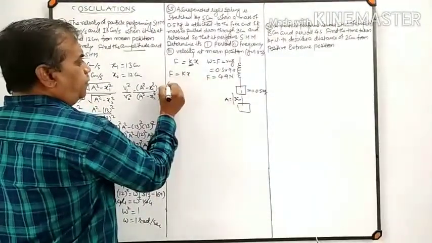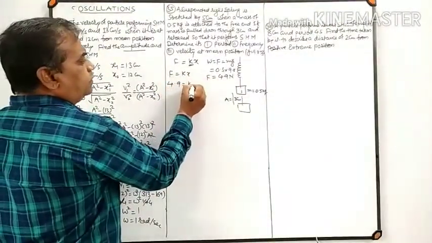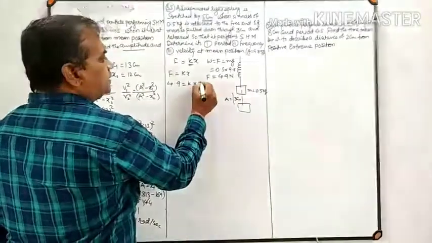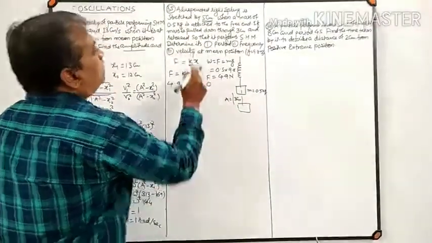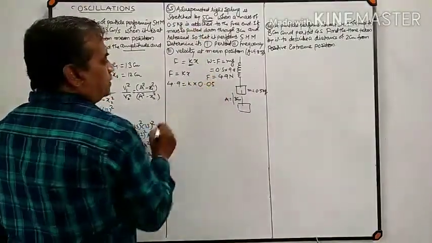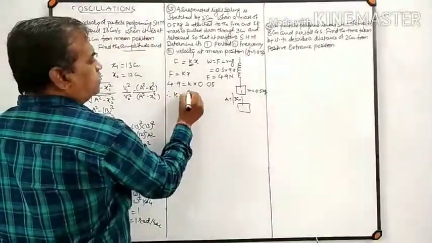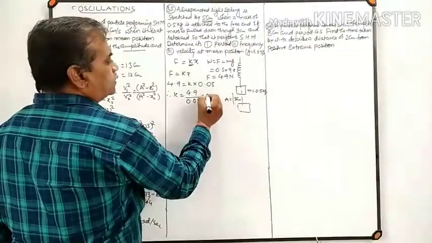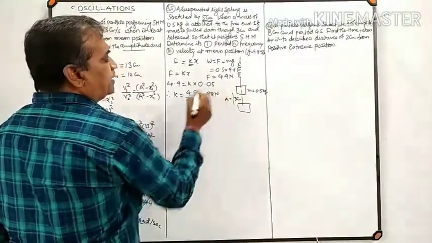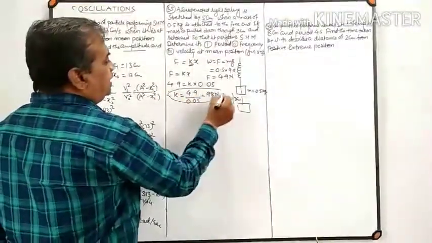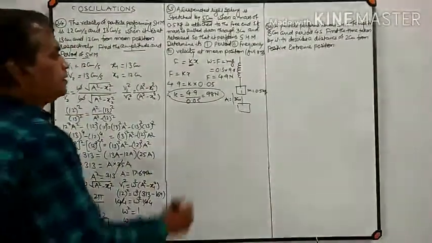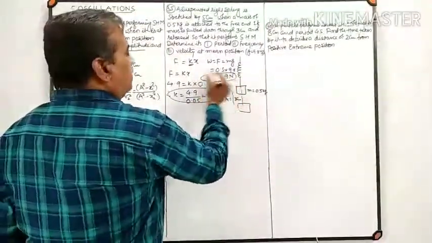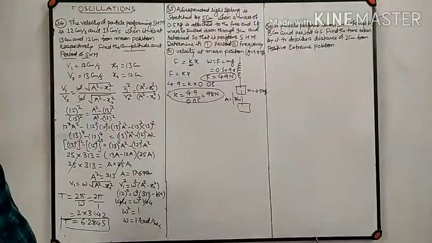So F, 4.9, is equal to K into 0.05 meter. Therefore K is equal to 4.9 divided by 0.05, so that becomes equal to 98 Newton per meter. Now the spring constant is 98 and the force F is equal to 4.9 Newton.